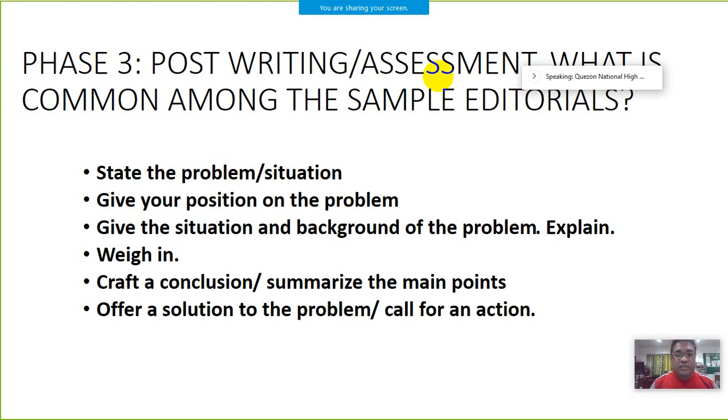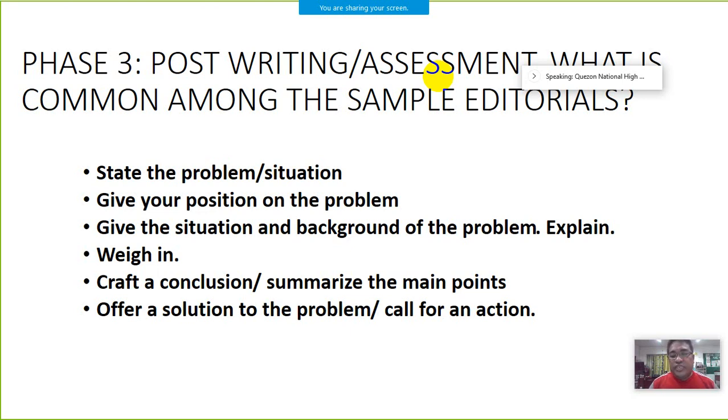Then all of those editorials were able to give background or explanation of the problem. Somehow, all of those editorials were able to summarize the main points, and most of those editorials previously discussed were able to offer solution to the problem, or some really give call for an action.